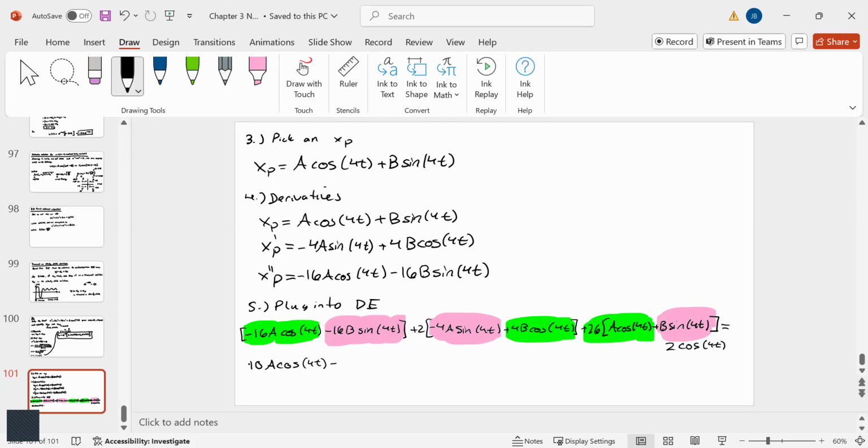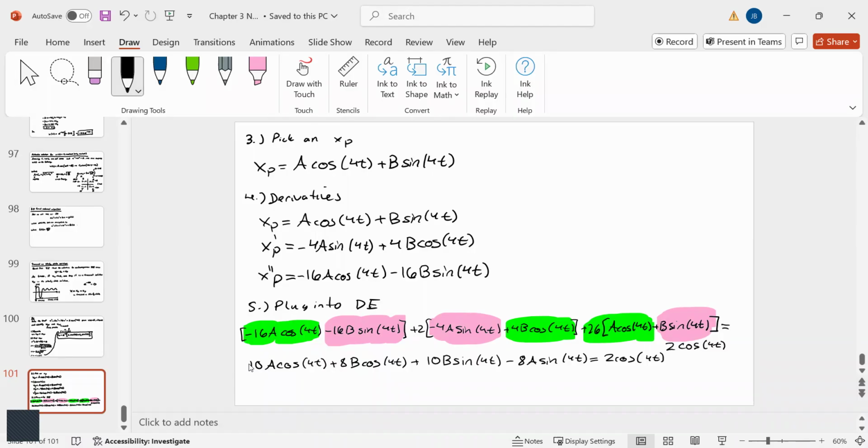plus 8b cosine 4t, and then plus 10b sine 4t minus 8a sine of 4t equal to 2 cosine 4 times t.